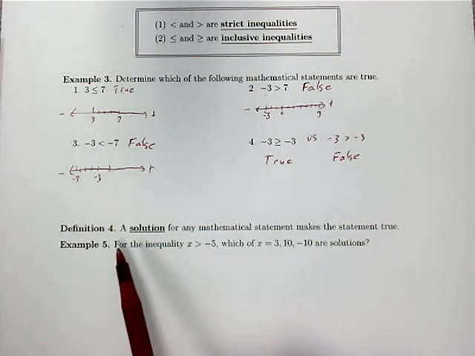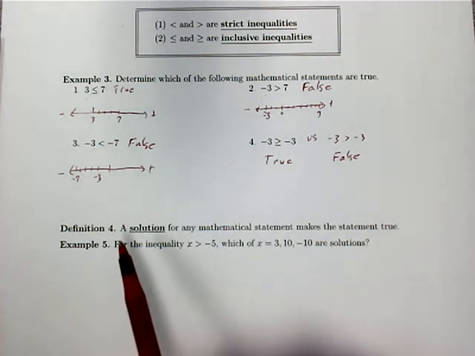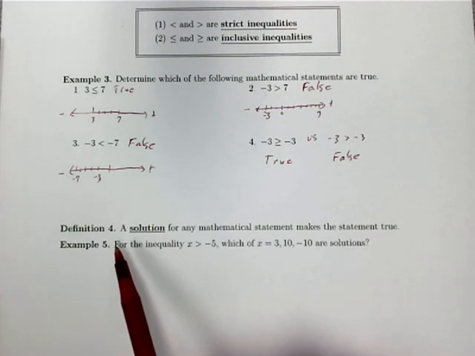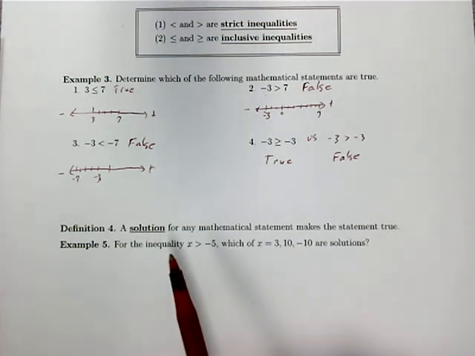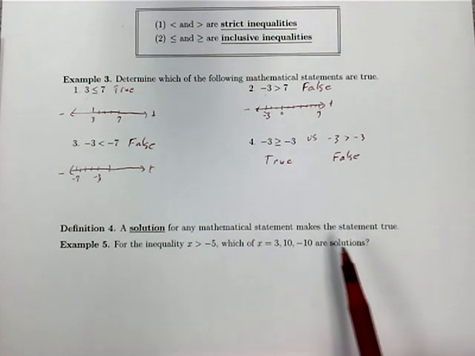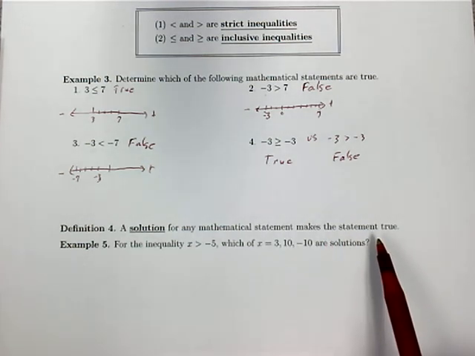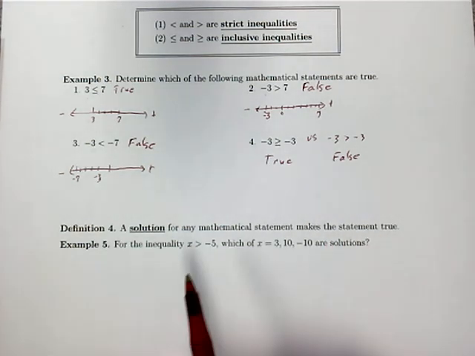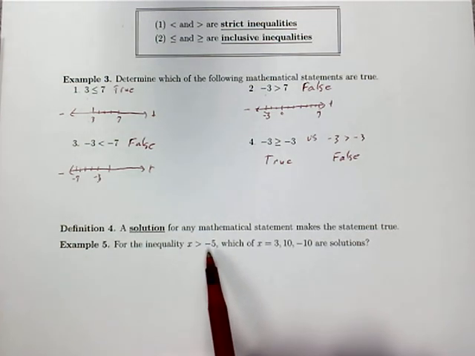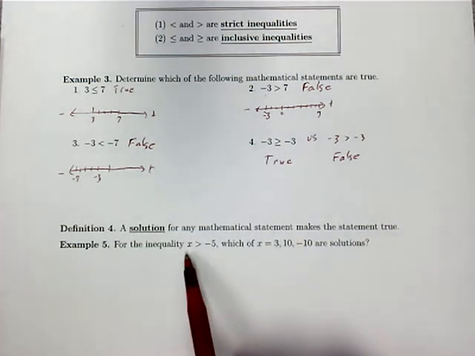So let's look at what a solution is. A solution in mathematics, for any mathematical statement, is something that makes the statement true. Okay, so if we look at this example below, x greater than negative 5. Anything that makes this statement true is a solution.